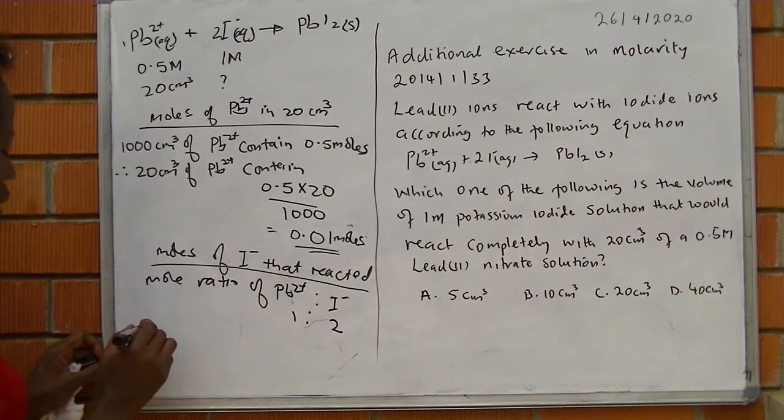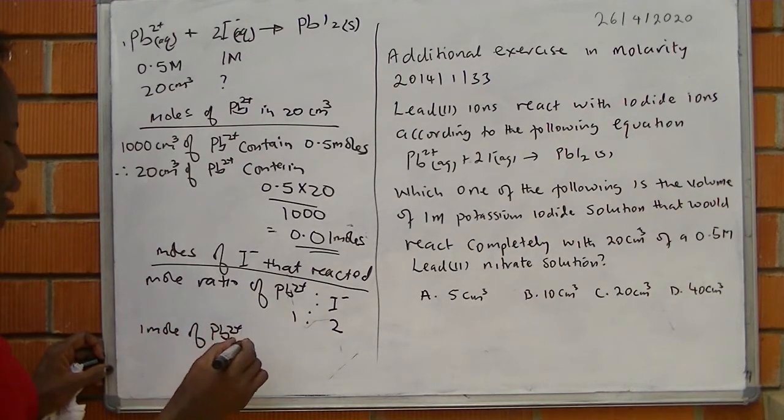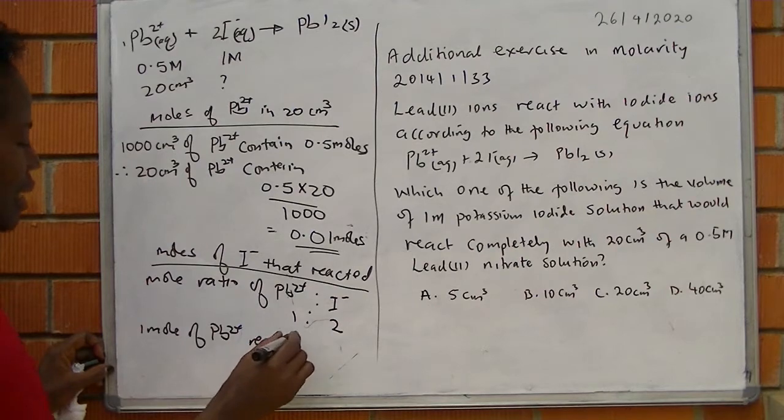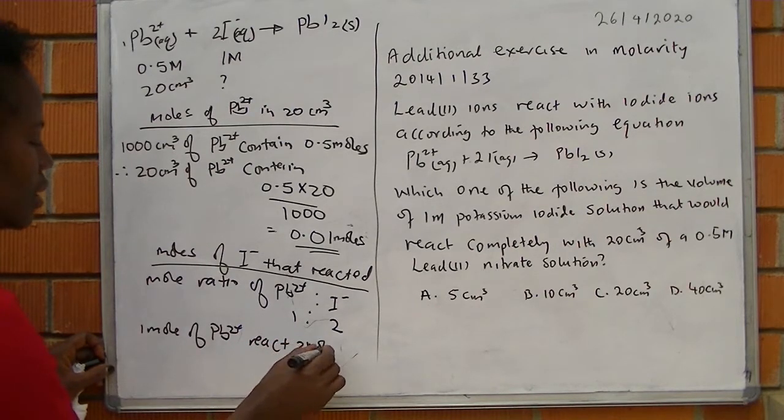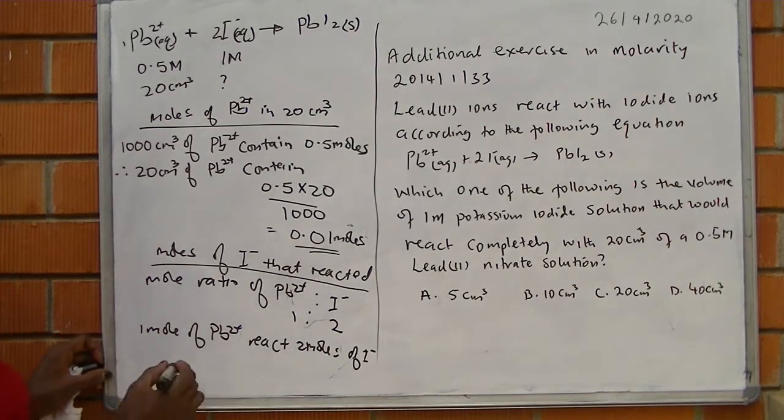It means that 1 mole of lead ions reacted with 2 moles of the iodide ions.